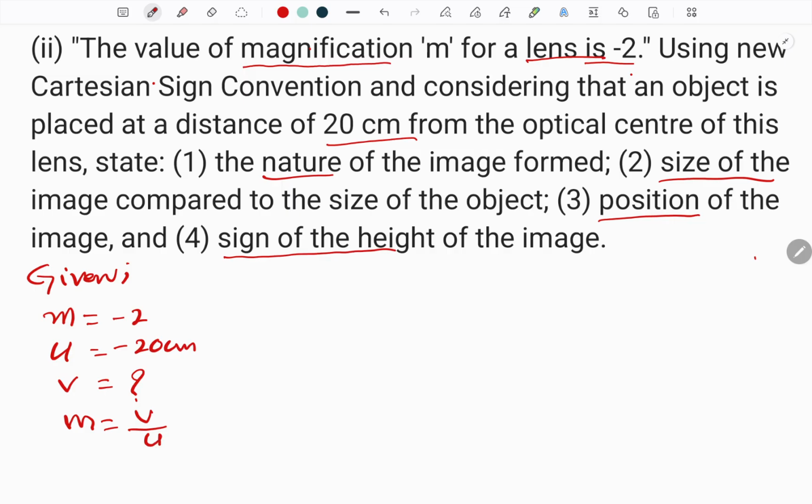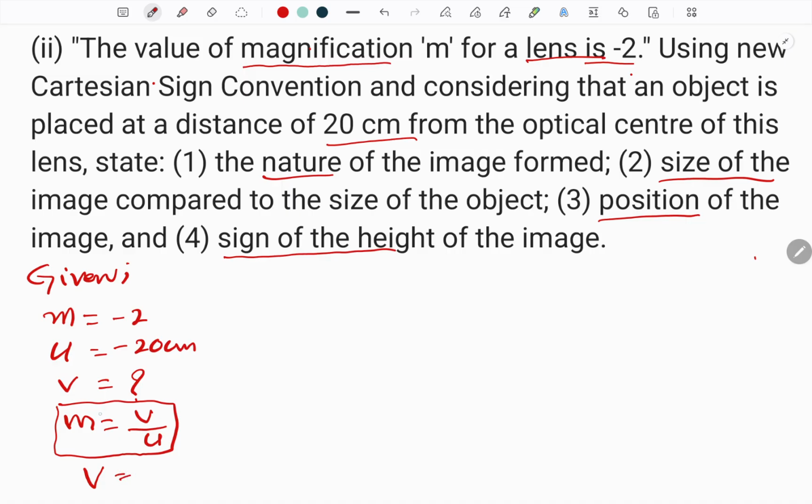Magnification for a lens is m equal to v by u. From this formula, now we have to find out v.